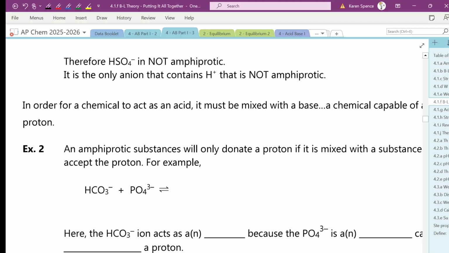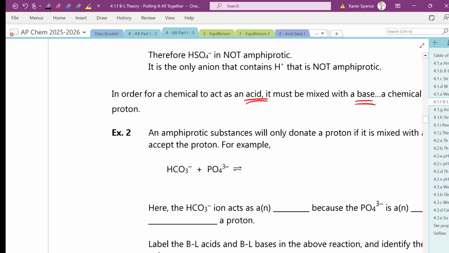In order for a chemical to act as an acid, it must be mixed with a base. So let's say we had an acid like HCl, and then we threw that into some liquid propane, C3H8.